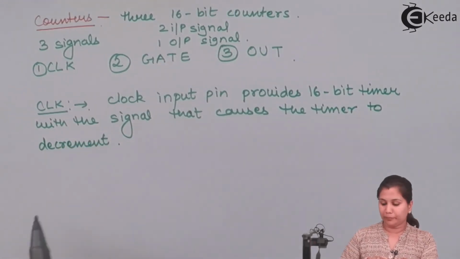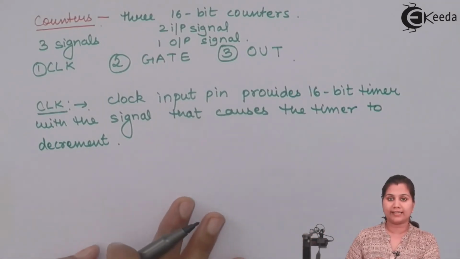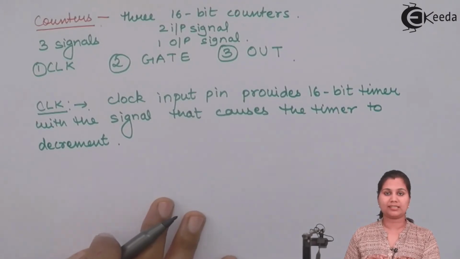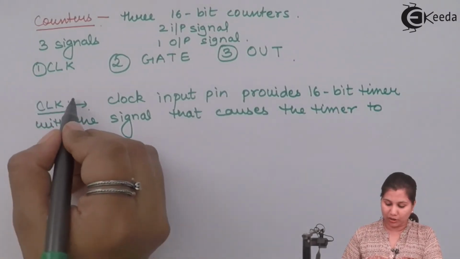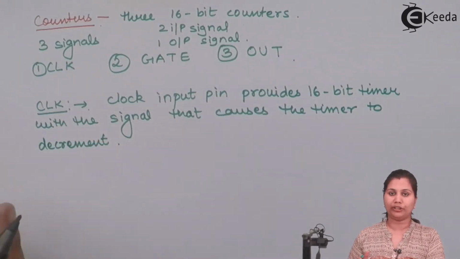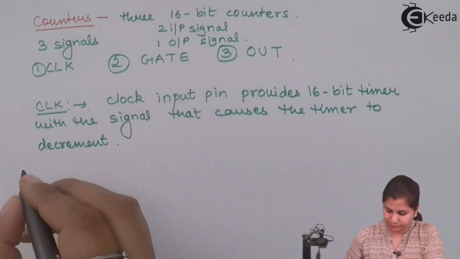The clock input pin provides the 16-bit timer with a signal which decides that the timer is going to decrement, meaning it starts the decrement process of the timer. When this clock signal is given to the timer, which is already loaded with the count, it will start decrementing the count until its value reaches 0.